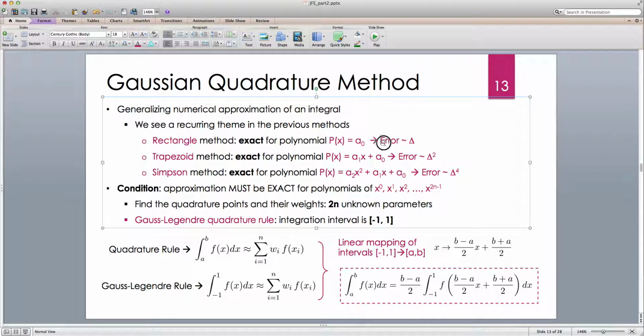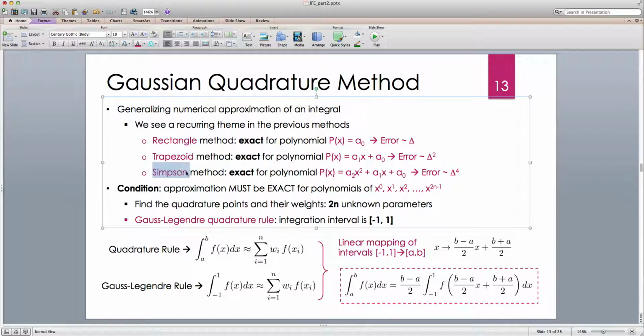And then if we want to improve the accuracy, we said that we can go to trapezoid, and it's based on interpolating the function by a linear polynomial of degree 1. It gives us an error of delta squared, and it gives the exact result for first degree polynomials.